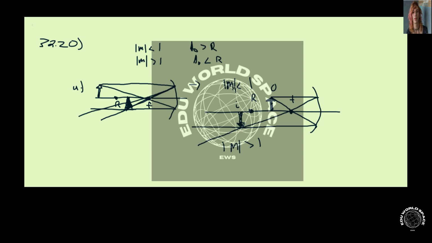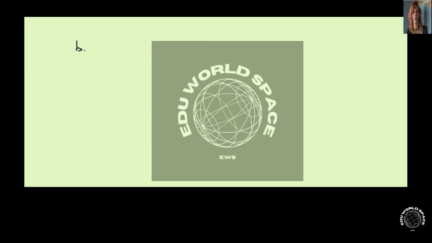Awesome. So now let's do B. Now we want to use the mirror equation. First, let's write it out: 1 over the object distance plus 1 over the image distance equals 1 over the focal length, and this is the same as 2 over the radius of curvature.